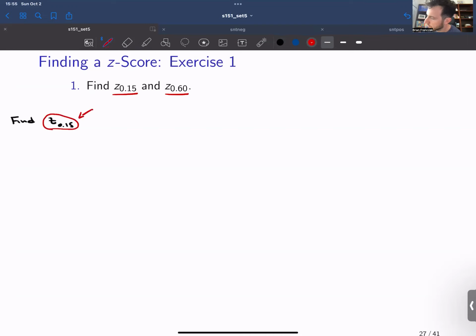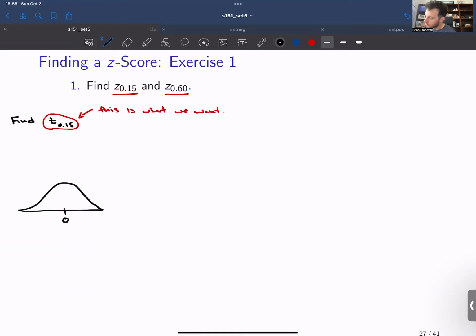This is one number. Okay. So we start by sketching our standard normal curve.